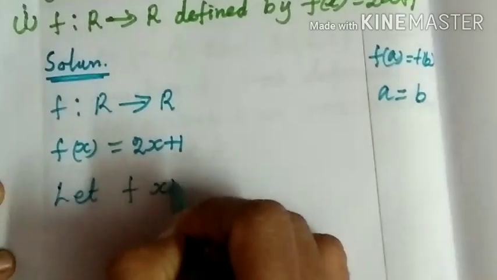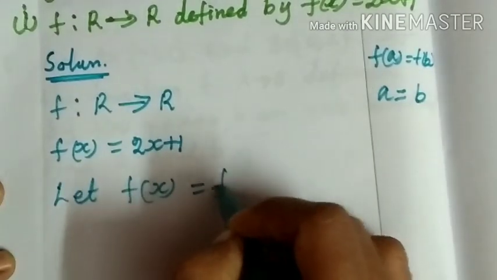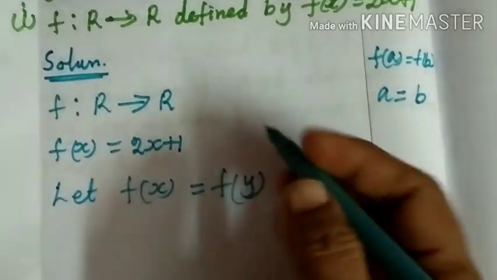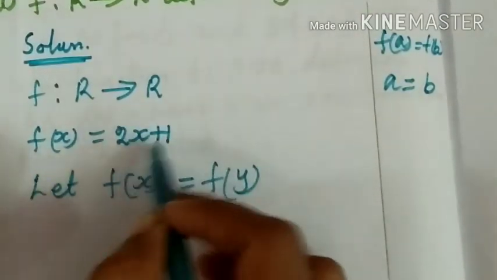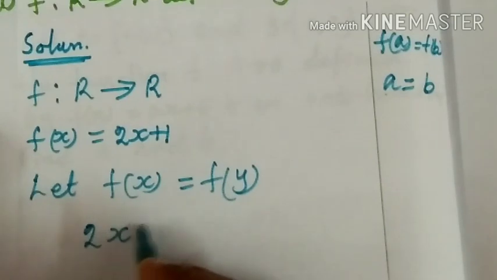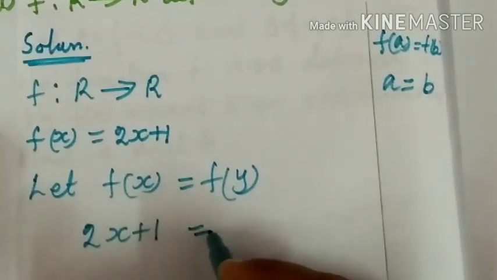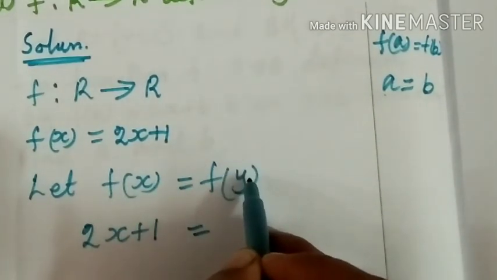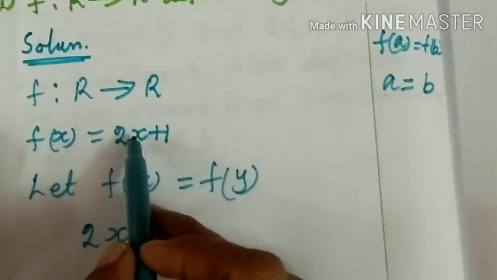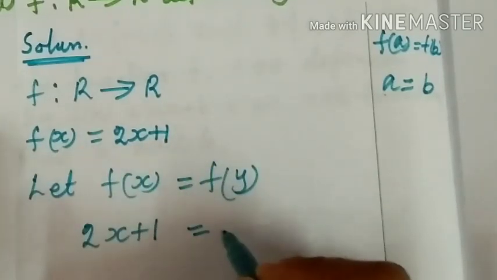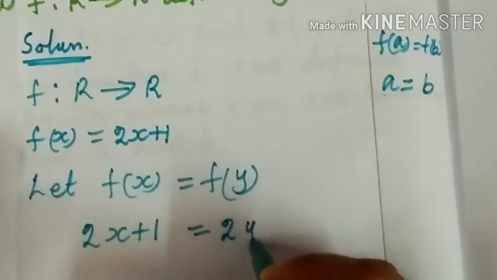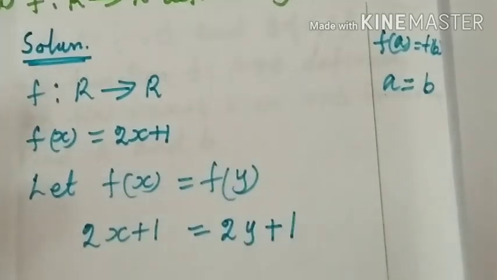f of x equal to f of y. f of x is the given function, that is 2x plus 1, is equal to f of y. It means instead of x you apply y, then 2y plus 1.